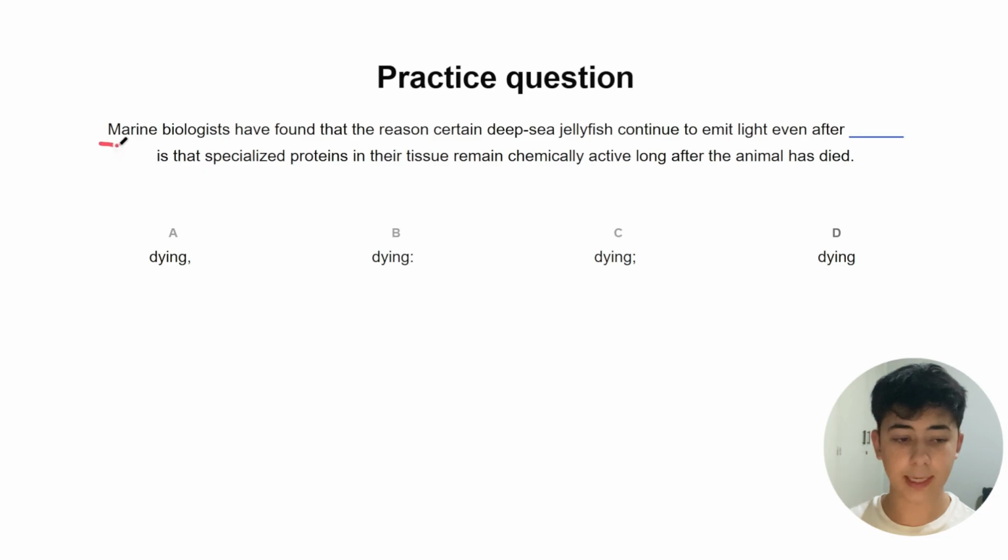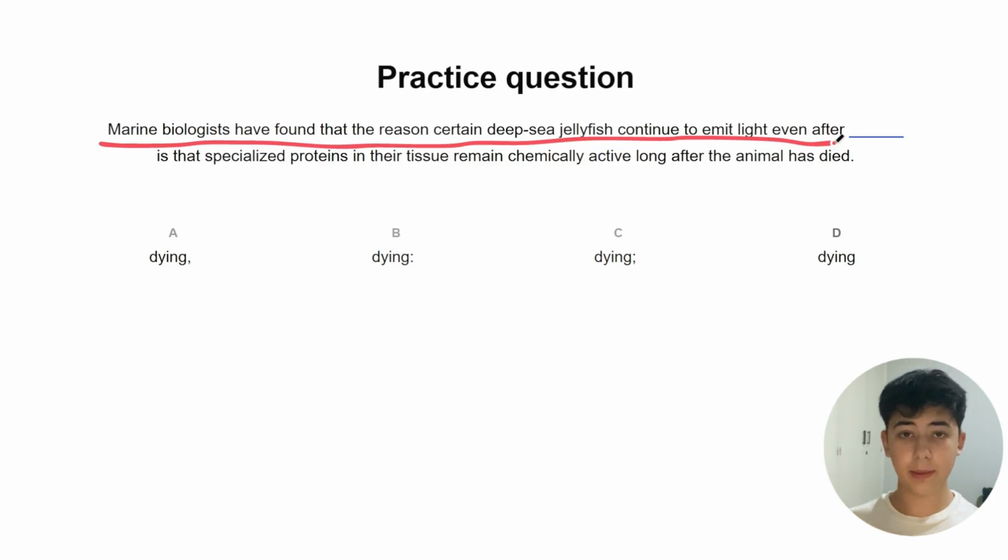First, let's run the 2-second test on this sentence here to actually figure out whether it's an independent clause or a dependent clause, because that will actually help us eliminate some of the answer choices that we have over here. Marine biologists have found that the reason certain deep sea jellyfish continue to emit light even after. Okay, so this sentence here isn't really that complete.